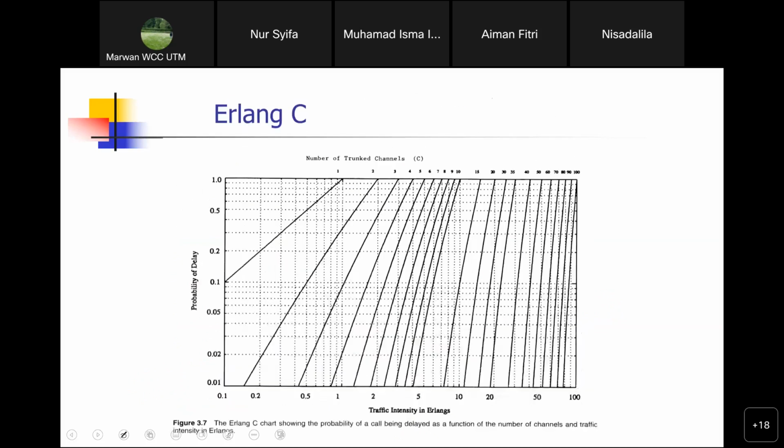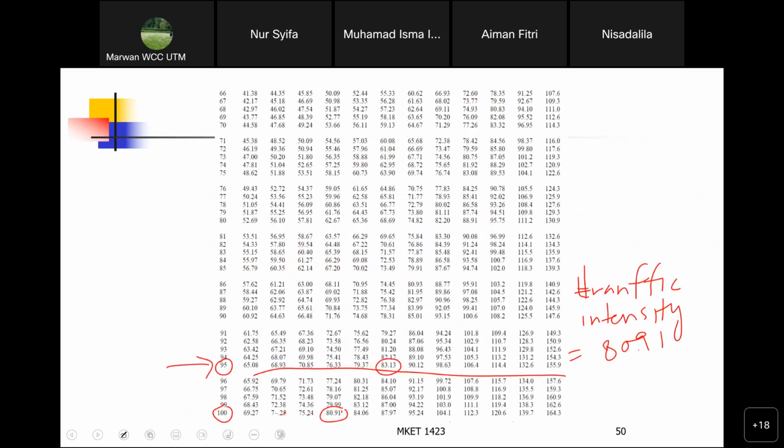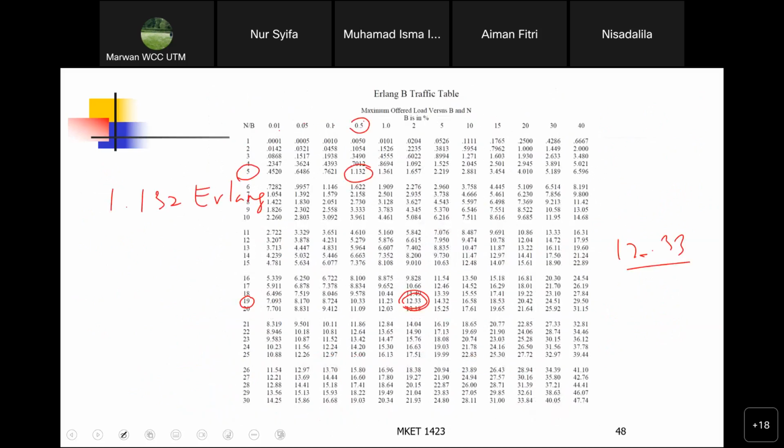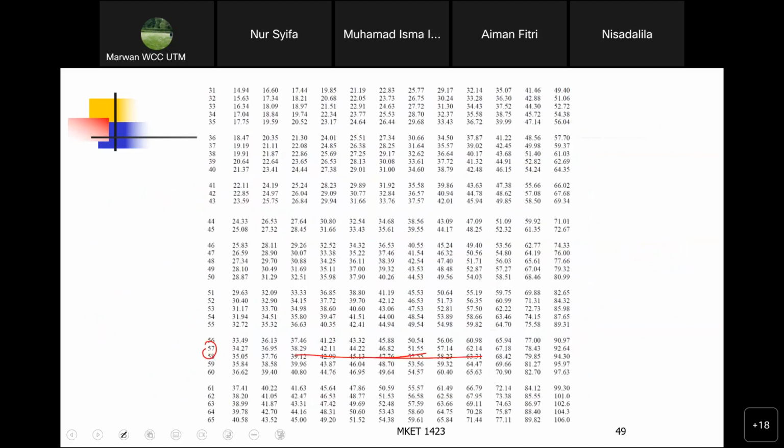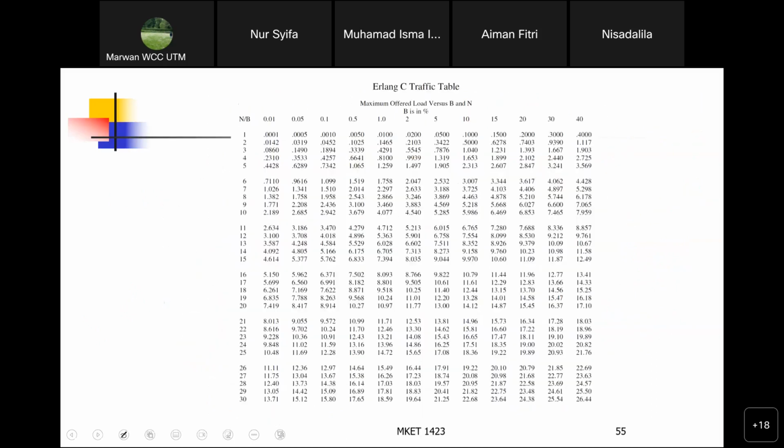The only thing is, let's look at one figure. Let's look at 30 and 0.1. So this is Erlang B. You get 16.68. This is blocking, 16.68. Let's look at Erlang C. Erlang C is 15.80 versus 16 point something.